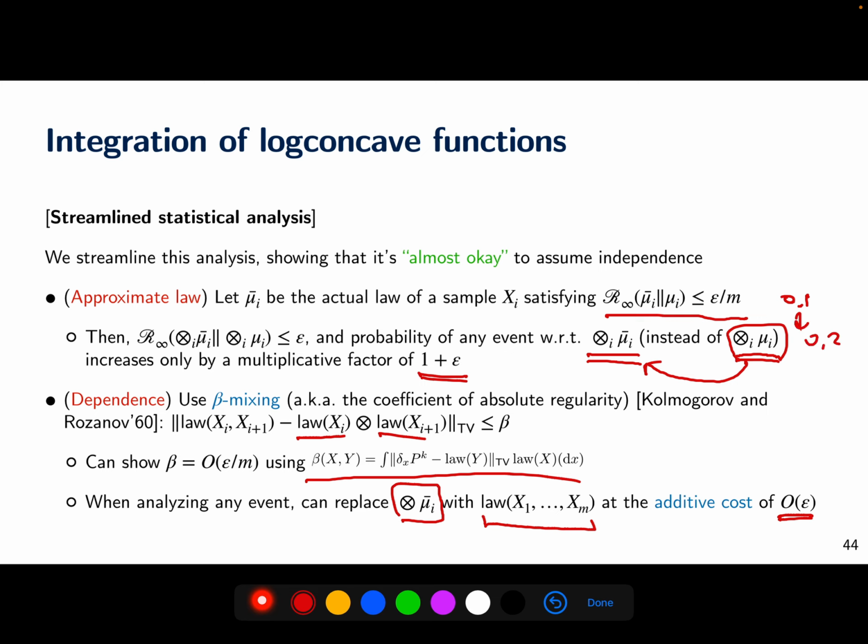And then you just replace this once again with the actual dependent distribution, and this bad probability goes up to 0.3. In such a way, we can significantly streamline the statistical analysis of this algorithm.